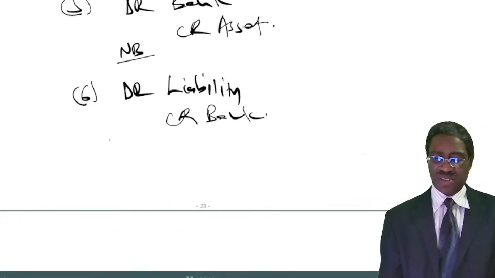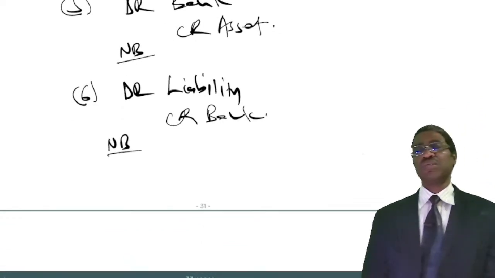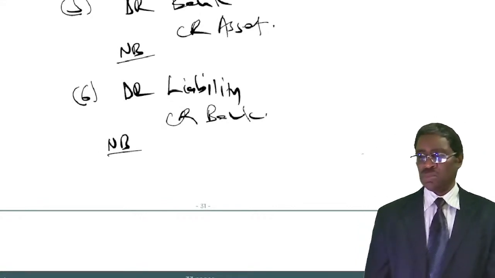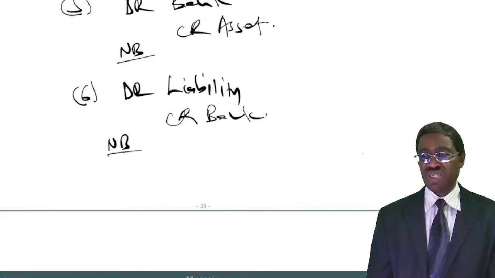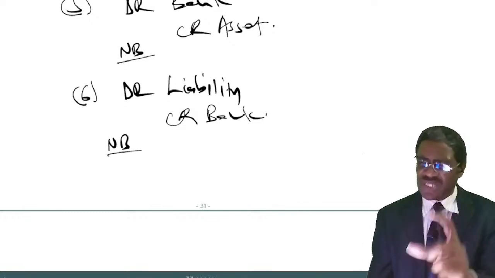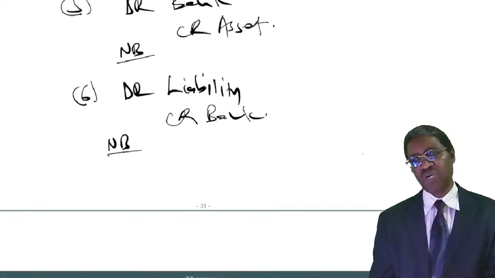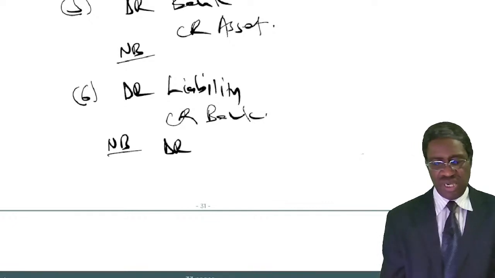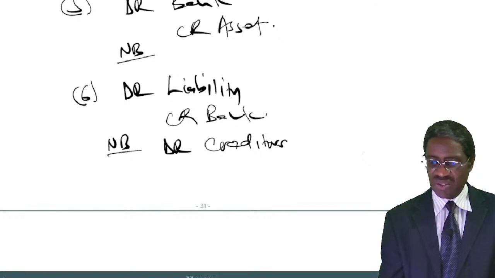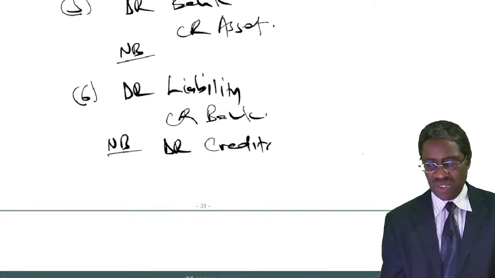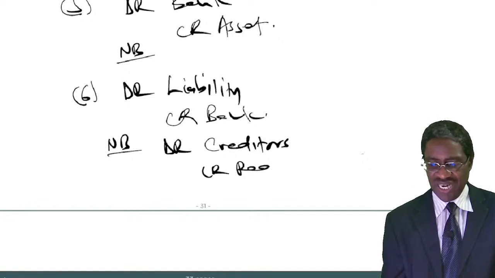Then just below that, NB: with any discount received from creditors, debit creditors and credit realization.